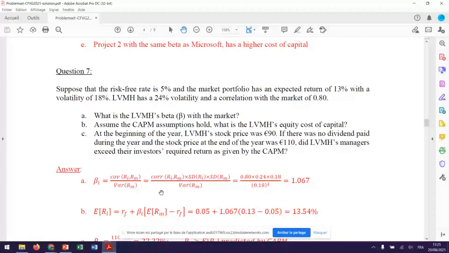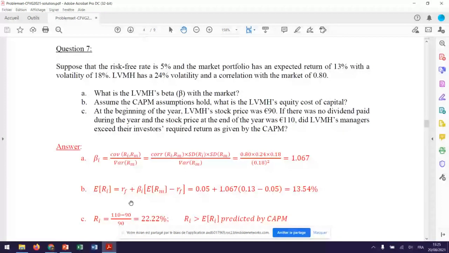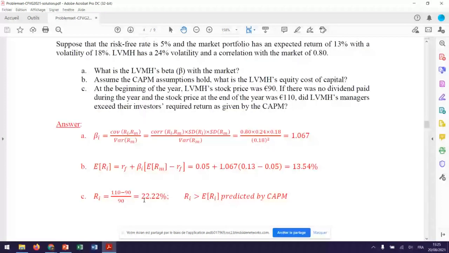Obviously, the realized return of this stock is 22.22%, where investors require only 13.54% with the level of market risk they take. So therefore, the managers did a good job and exceeded the investors' required return.